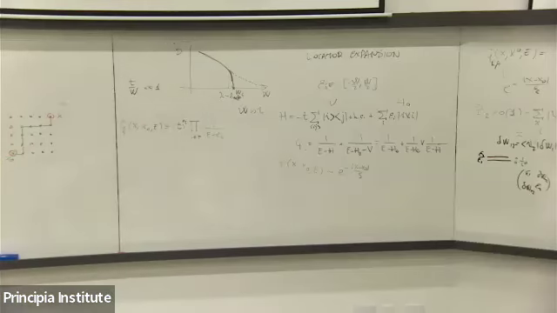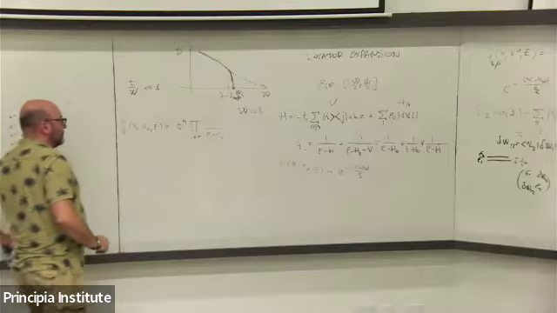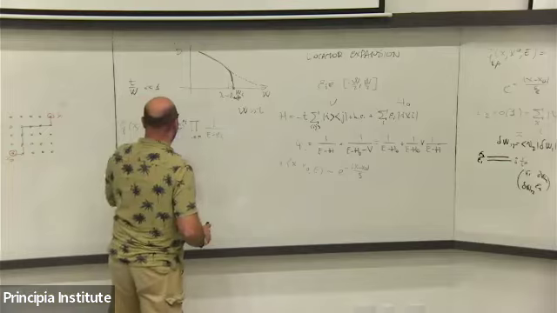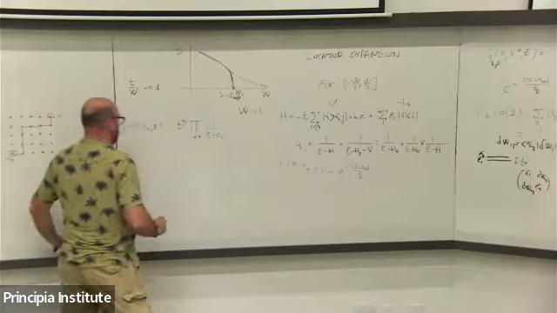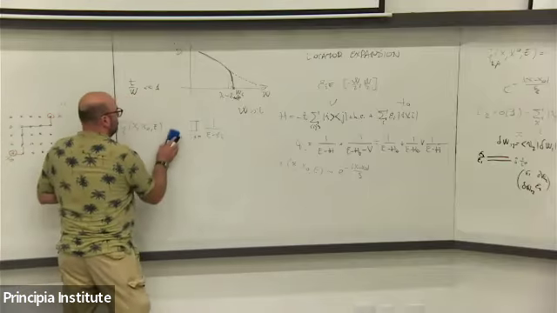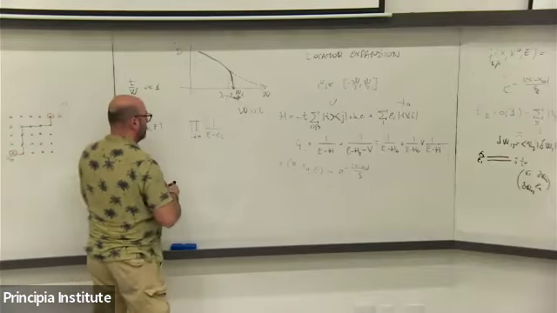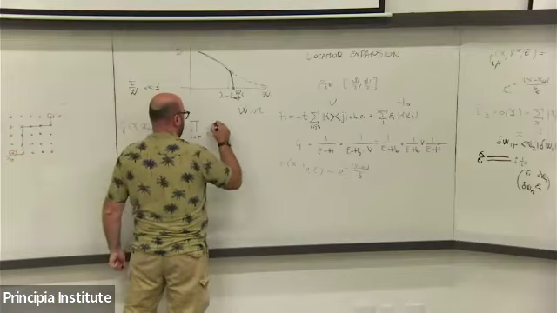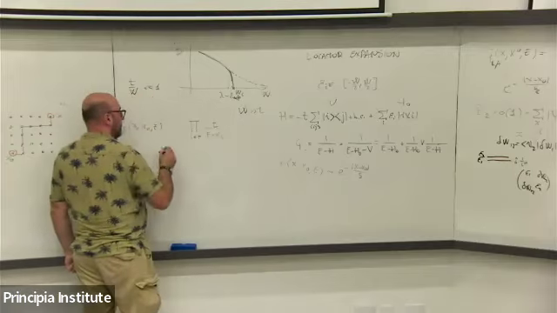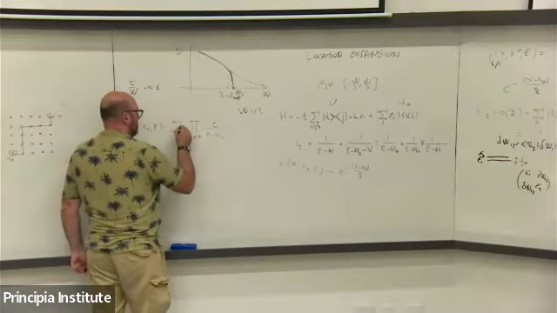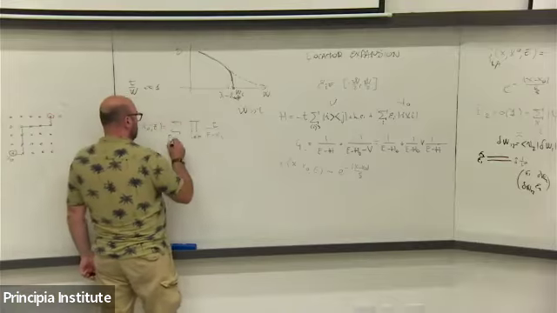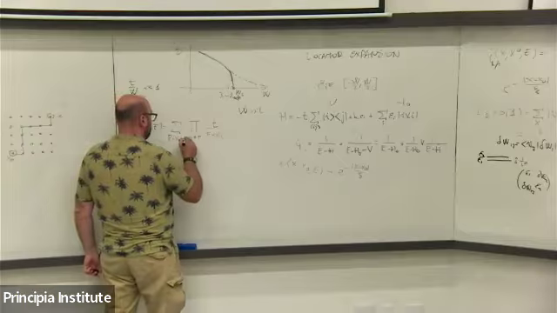Now, in principle, I could write this, forgetting about issues of convergence, as a sum over all the paths P that go from x0 to x.